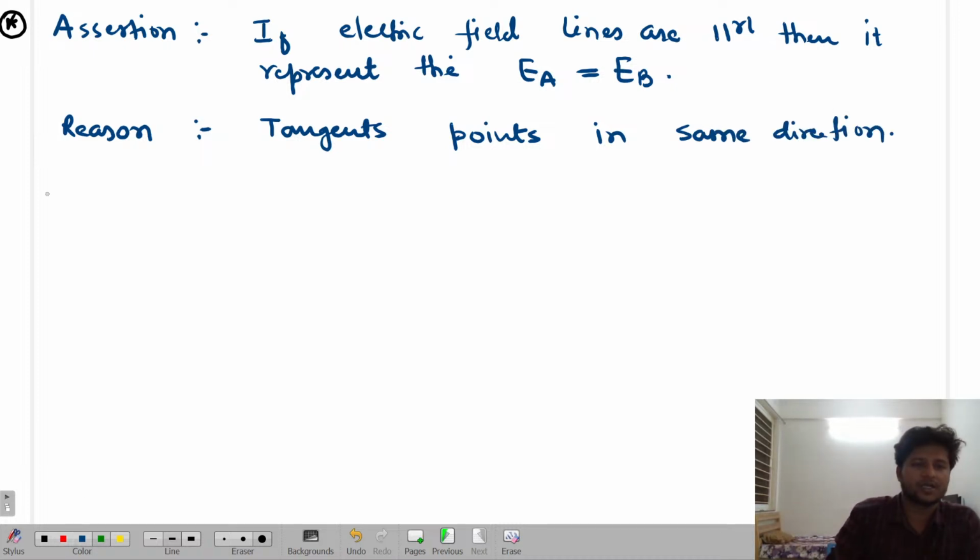Options are: option A, A is true, R is false.